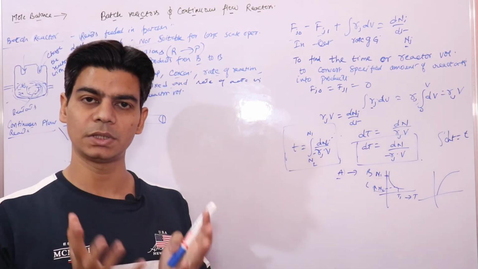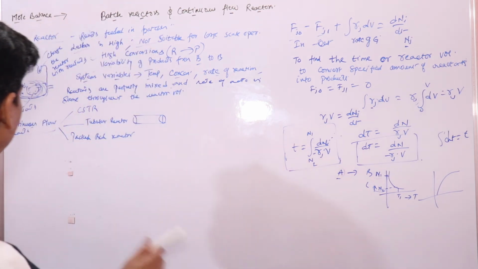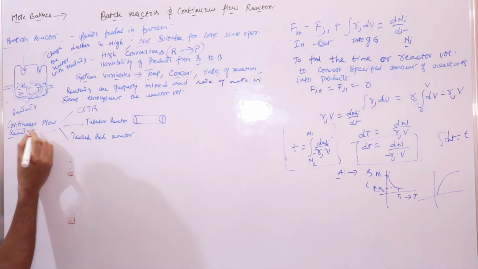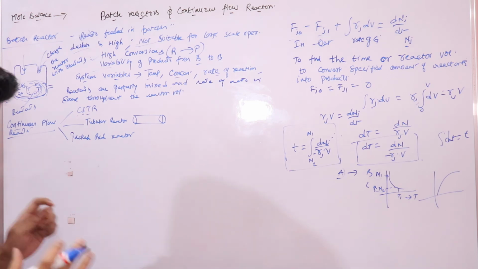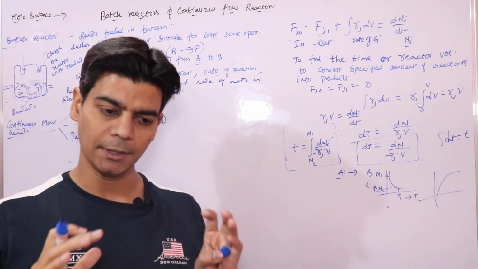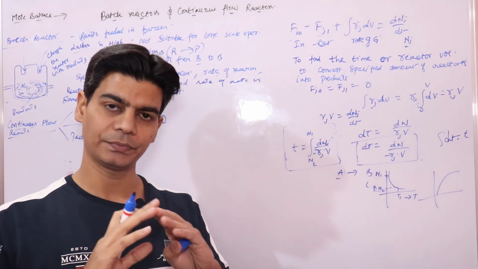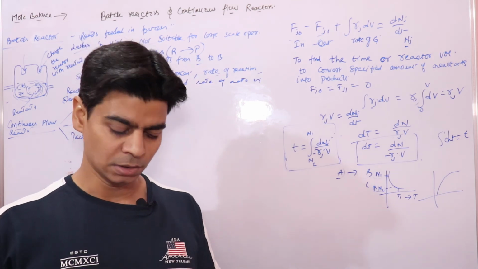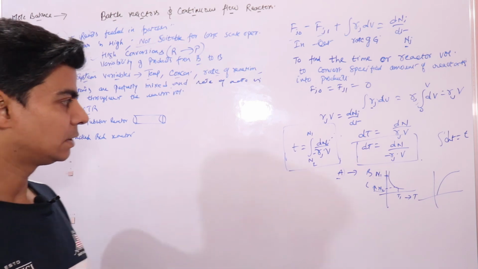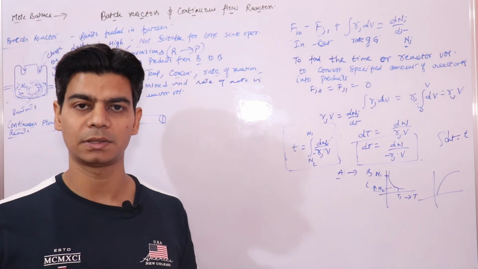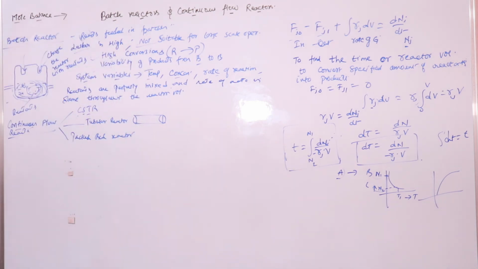The stirring of the reactants is continuous, so we are using the term continuous stirred tank reactor. The reactant mixture inside is continuously stirred such that the concentration of the reactant is the same throughout the reactor volume. That is why we call it a continuous stirred reactor.